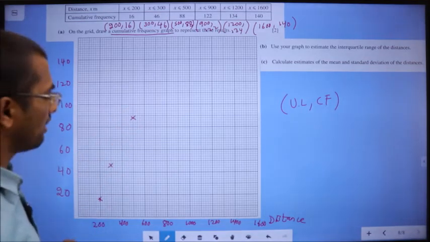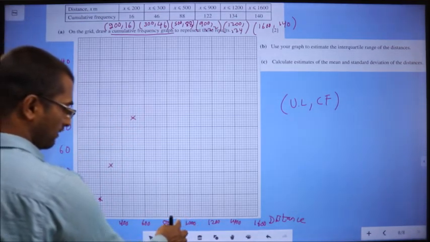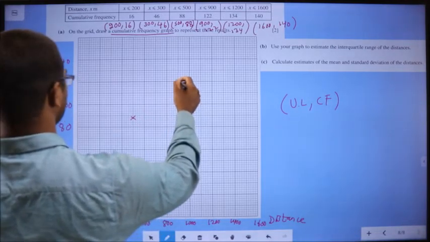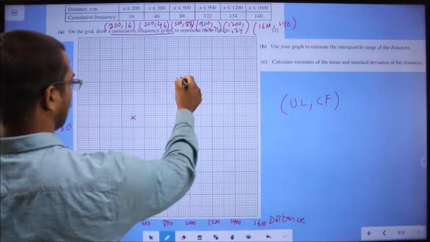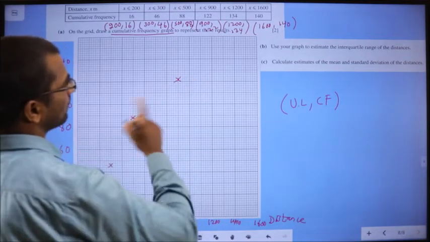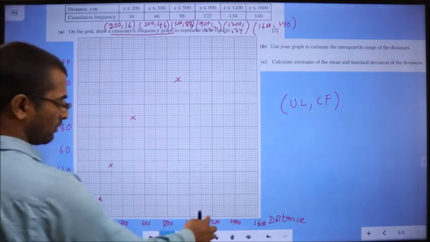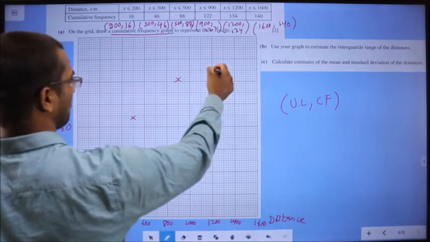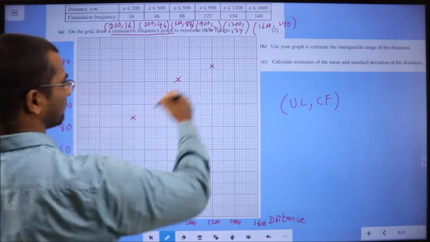Next, 900, 122. Middle of this will be 900. 122 will be, this is 120 and the next line will be 122. Next, 1200, 134. 1200 is here. 134 is, this is 130, 132, 134.